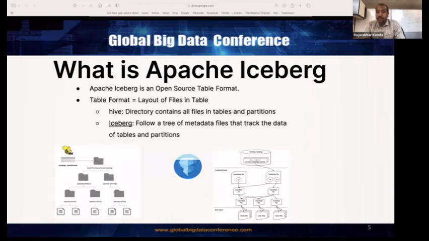So you have data files, you have a metadata layer, and on top of it, you have a catalog, which knows what to refer to when a query has been fired. I'm not jumping into exactly how the manifest files are organized, because that's not the purpose of the talk. But the metadata layer manages the entire metadata of the tables.